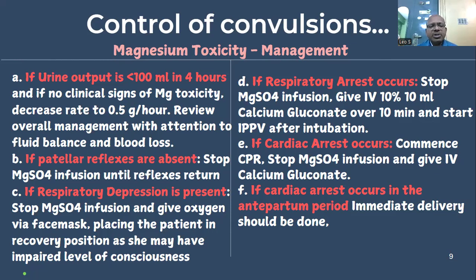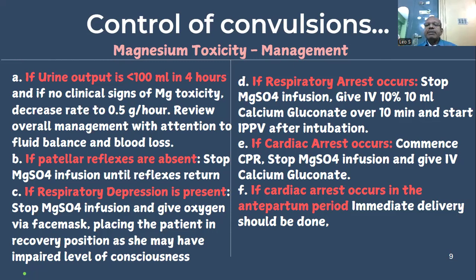If the respiratory depression is present, stop magnesium sulfate infusion and give oxygen by face mask and place the patient in a recovery position, as the patient's impaired conscious level may affect the aspiration risk.